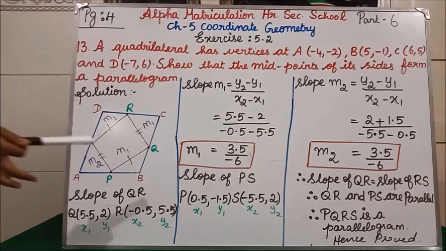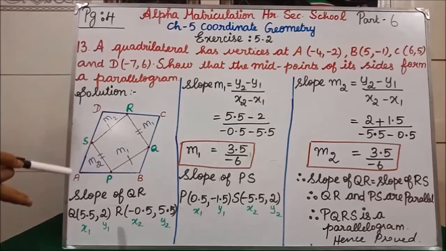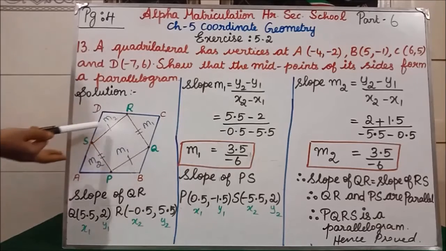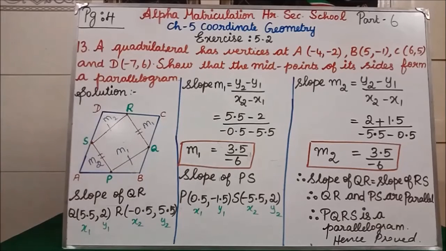Opposite sides are equal and opposite sides are parallel means it is a parallelogram. So we are writing PQRS is a parallelogram. Hence proved. Dear students, with page number 4, we are completing the 13th question. Still in exercise 5.2, we have only one problem, which is the 14th question. Next, we'll see that question.